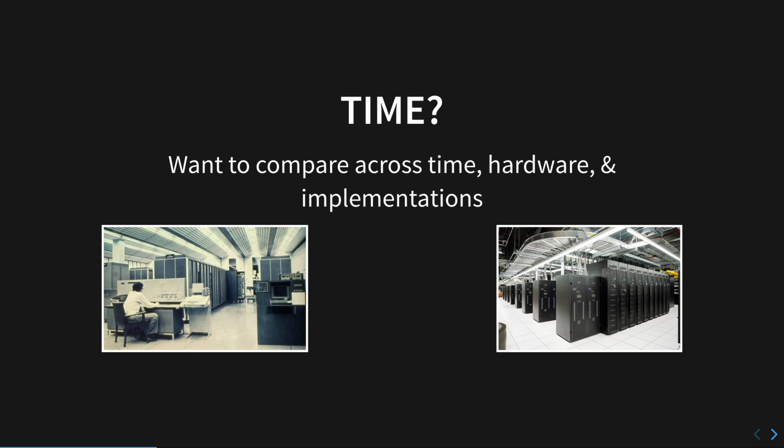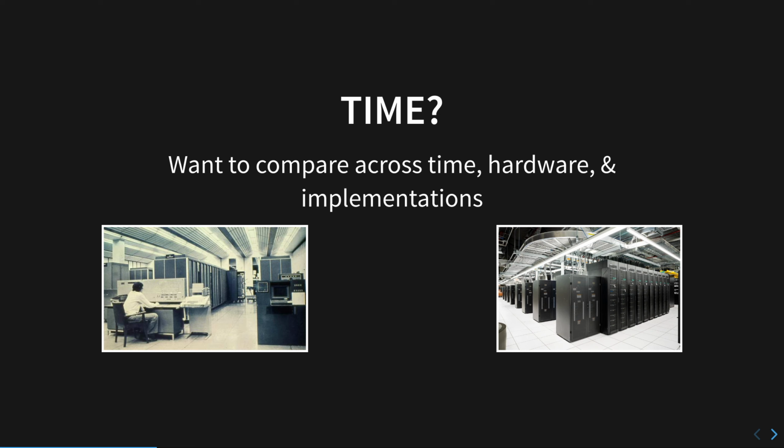I have these pictures here to illustrate the point that we need a method of analyzing how much time we're spending that works across, let's say, historical time. So if someone analyzed an algorithm and figured out its cost in 1974, we want that analysis to hold up for today. And whatever analysis we do today, we want it to hold up 50 years from now.